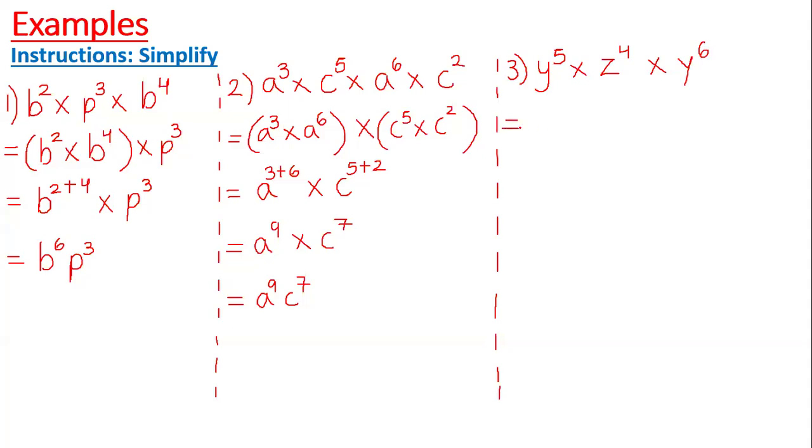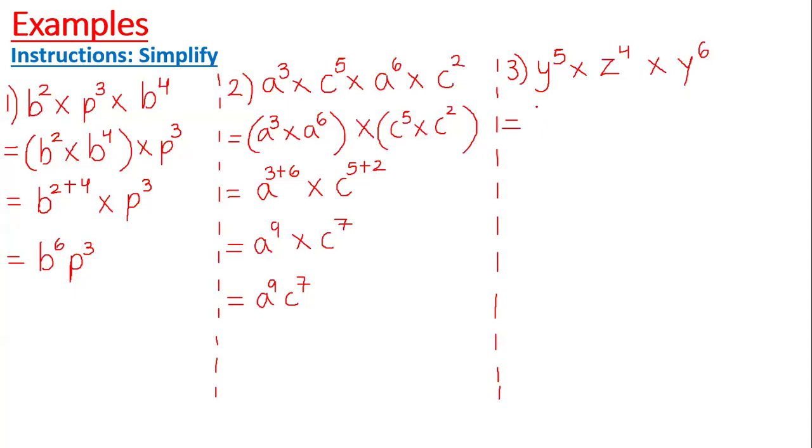All right, how are we going to do this? You put the y's together and you add their indexes and you leave the z like that. Very good.